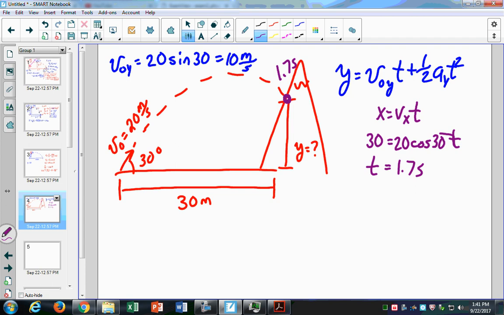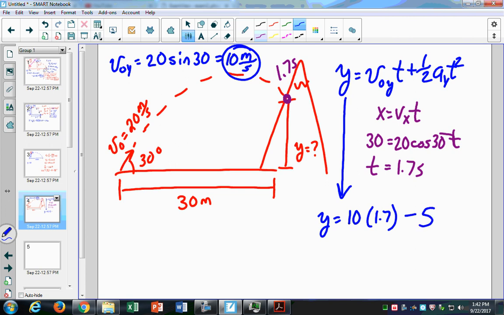And then to find y, I just take that t. Say y is equal to 10, that's this value, times 1.7 minus 5, that's half of a, times 1.7 squared. And if my numbers worked out, I should be okay. That's 17 minus 14, oh shoot.